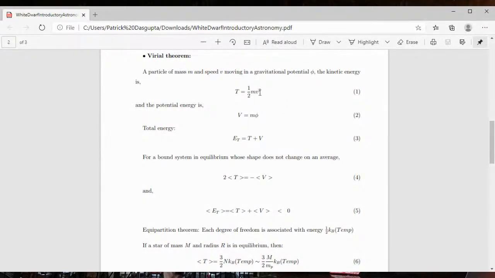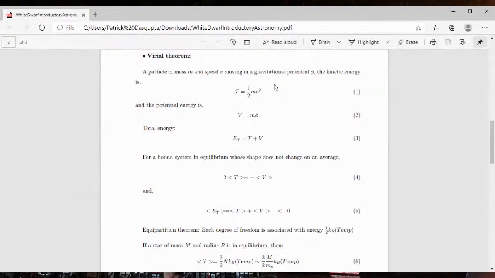So 1000 centimeter per second, when you square it, you'll get 1 million centimeter square per second square. Mass is 100 gram, but 100 divided by 2 is 50. So 50 times 1 million, or in other words, 5 times 10 raised to the power 7 erg of energy such a cricket ball will have.